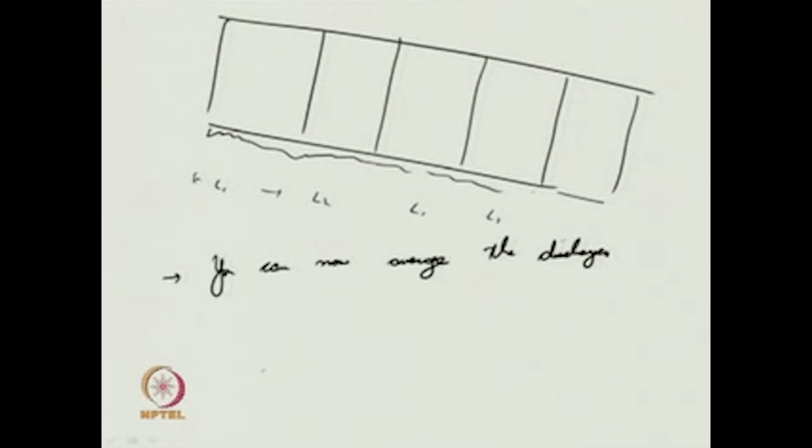Using the slope area method, by iterating you have arrived at Q1 as the discharge from this reach, Q2 as the discharge from this reach, Q3 from this reach. Like that, several reaches are there.